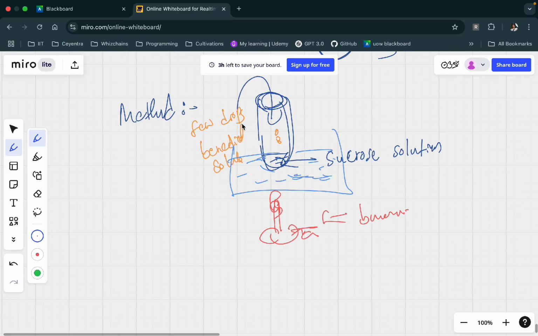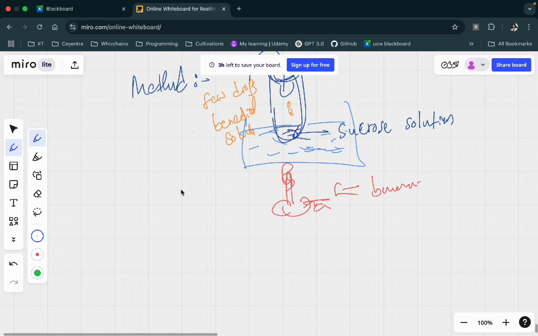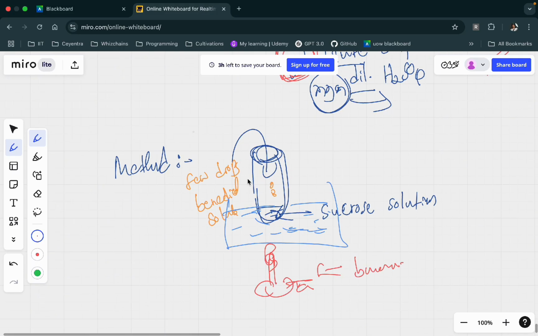Then we need to get another boiling tube with the sucrose solution, add a few drops of dilute H2SO4 into it, then add a few drops of Benedict solution and then heat.